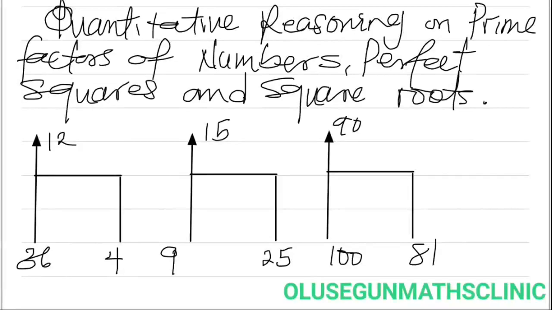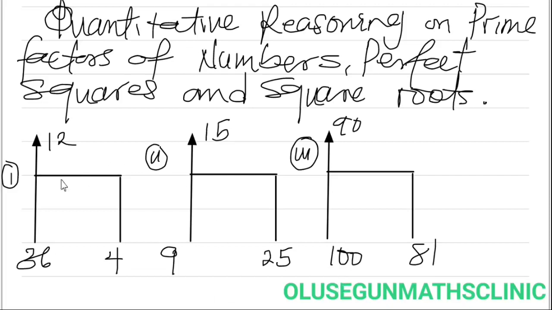So the quantitative reasoning on prime factors of numbers, perfect square, and square root. Let's see our numbers here. This is figure 1, figure 2, figure 3. These three figures, they want you to reason how the square root comes out of these figures.